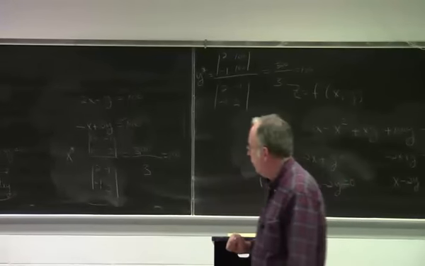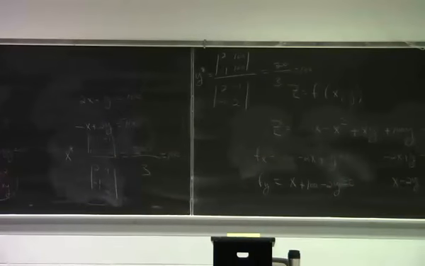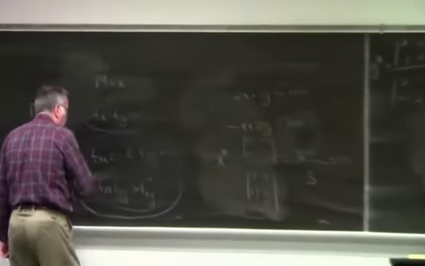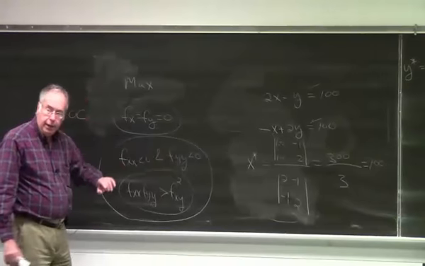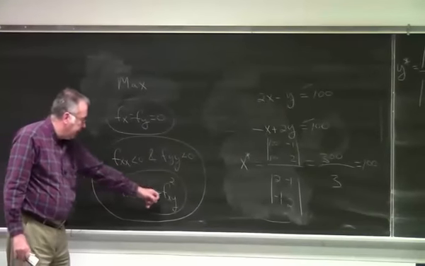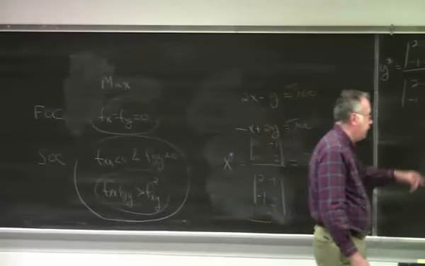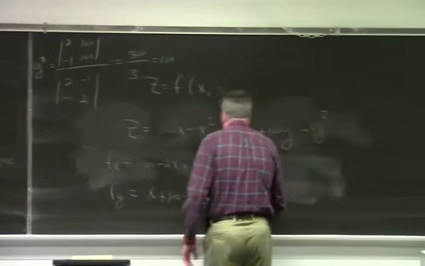Yeah, take the second derivative, because here's our second order conditions for a maximum. Our second order conditions are right here. So we need to find f sub xx, f sub yy, and f sub xy. We got f sub x right here. What is f sub xx, Ryan?